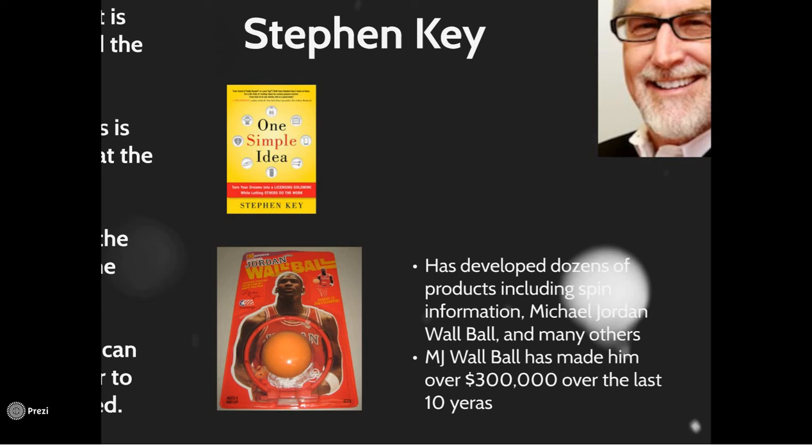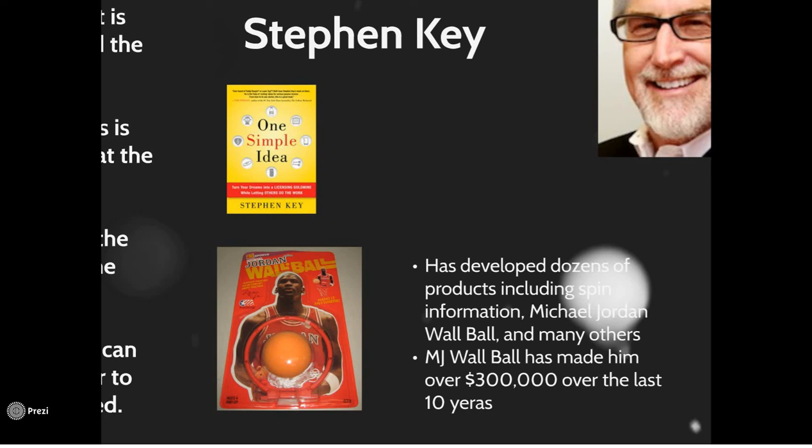One of the most interesting licensed things that he did was the Michael Jordan wall ball. He was just playing basketball on the wall, and he thought, this is boring, how could this be more fun? And he thought, it'd be cool if it was cut out in the shape of Michael Jordan and had Michael Jordan's picture on it.